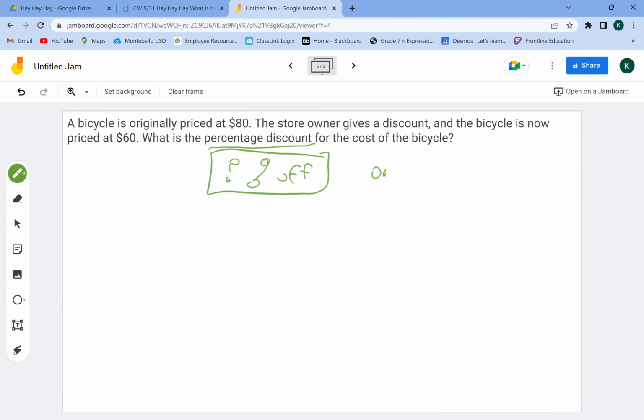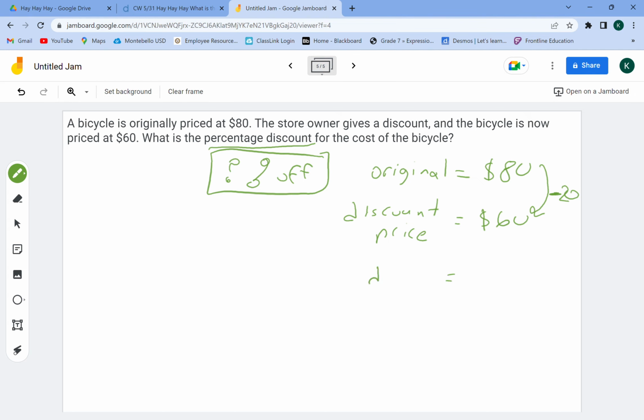The original is still $80, and your discounted price is still 60 bucks. But you went from here to here, and they took off $20.